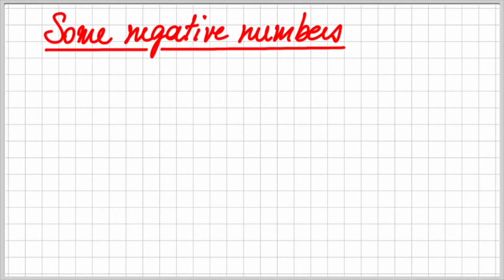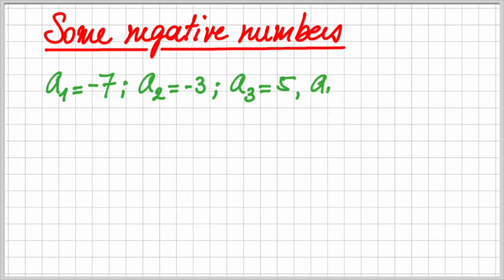Until now I've only been using positive numbers, but we can also have cases where we have to calculate an average with negative numbers. Let's say that a1 is minus 7, a2 is minus 3, a3 is 5, a4 is 7, a5 is equal to 11.